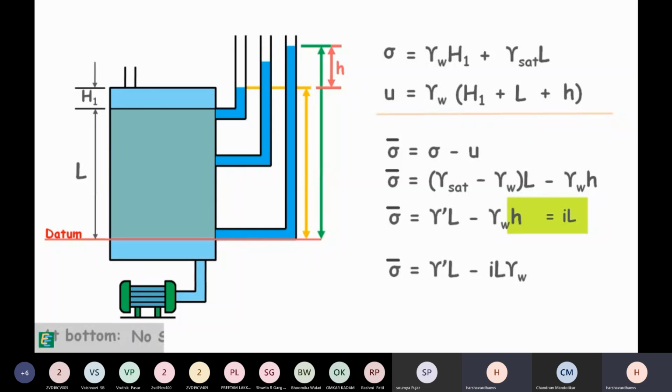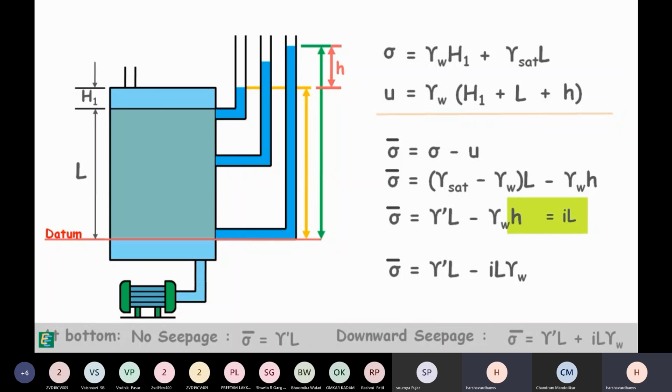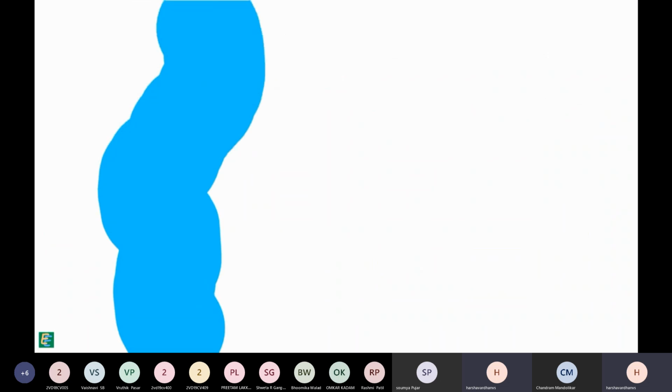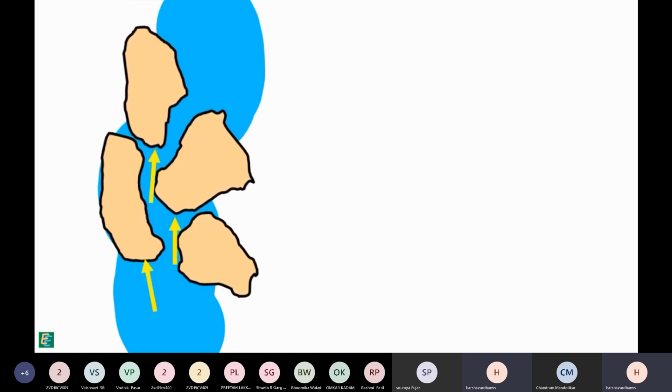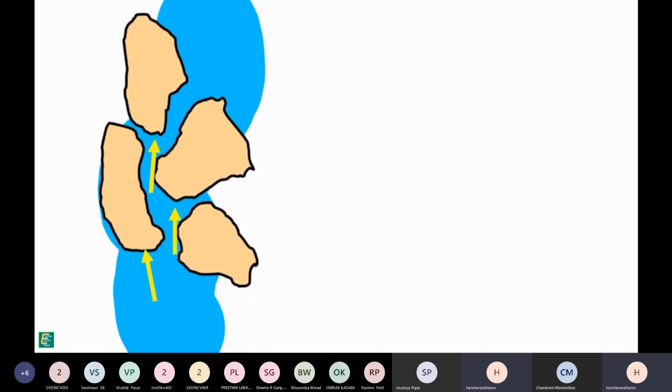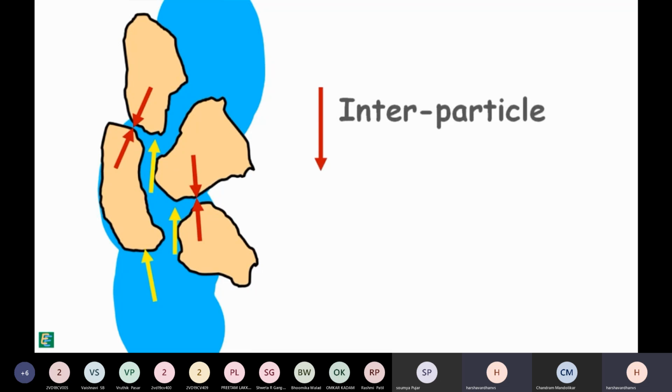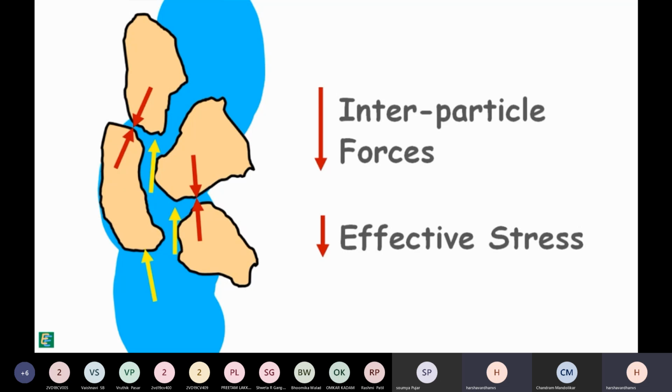Now, comparison with the previous condition shows that the upward seepage in the soil reduces the effective stress at the bottom of the soil by iL gamma w. When water flows upwards in the soil, it tends to push the soil particles in upward direction. Consequently, soil particles are lifted against gravity that causes a decrease in the interparticle forces, and that we say is a decrease in effective stress.